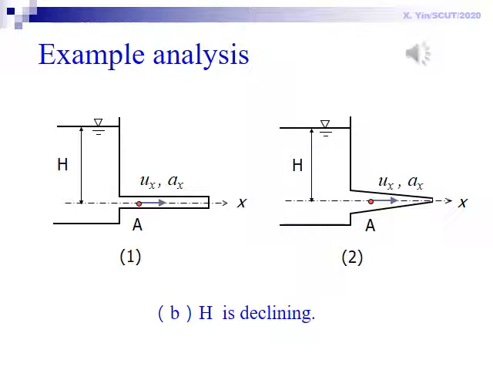Thus the resultant acceleration, which is the summation of the two kinds of acceleration, is less than 0. In case 2, the migrating acceleration is more than 0 due to the increasing speeds along the stream. So the temporal acceleration value is negative, while the migrating acceleration is positive. The sum of the two may be positive, may be negative. It depends on their values.